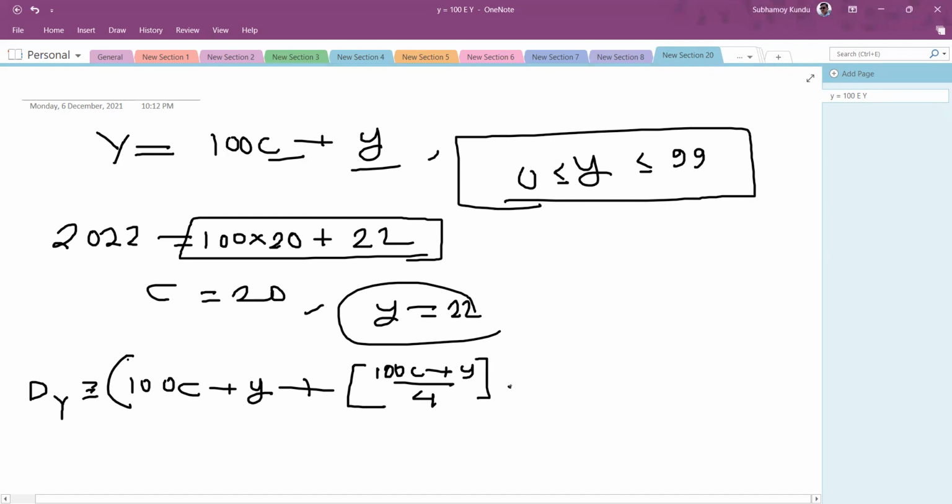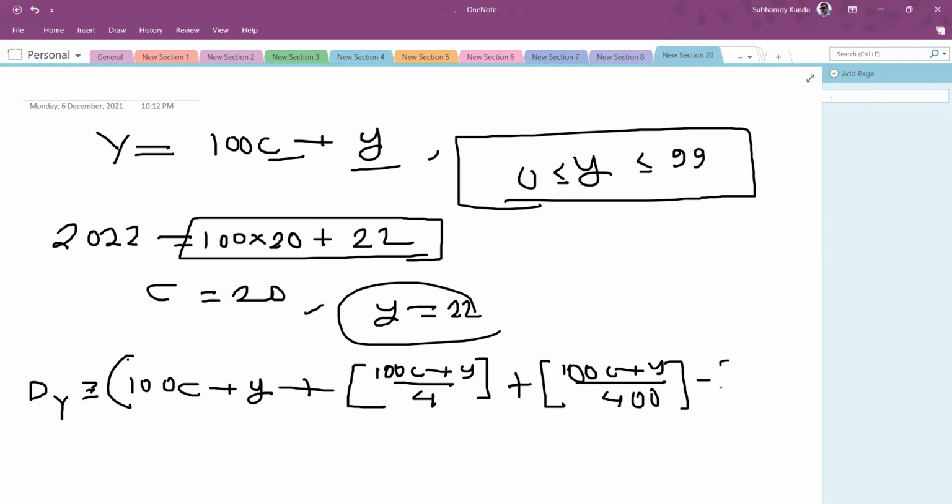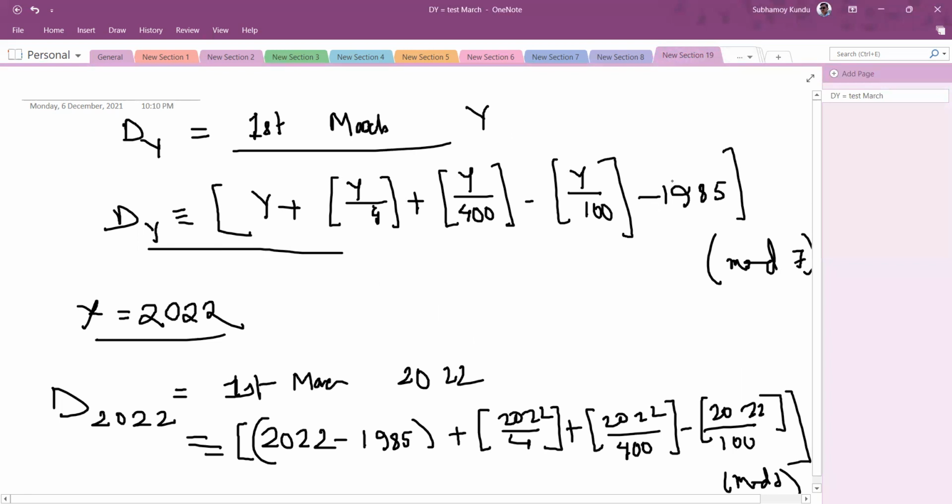Then it was 100c plus y by 400. Then it was minus 100c plus y by 100. Then it was minus 1985.